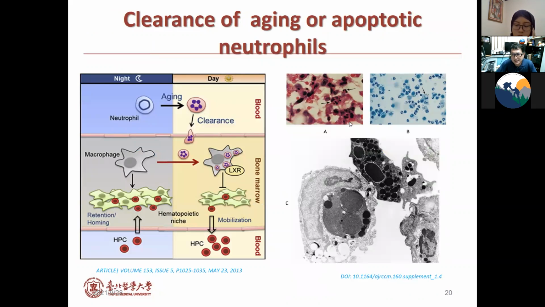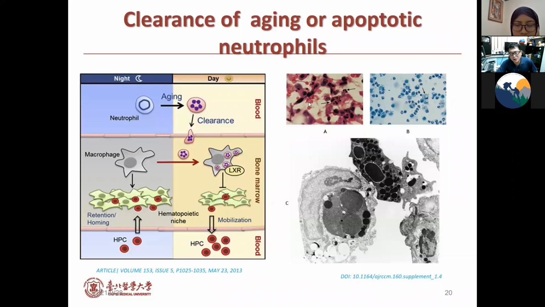Is that clear? Understood it? Hopefully. On the next slide, as I mentioned in the beginning, the aging or apoptotic neutrophils will be engulfed by macrophages.